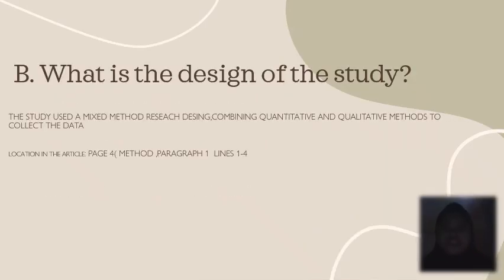So next is, what is the design of the study? The researcher used a mixed method design, which combines quantitative and qualitative methods. The quantitative data were used to measure student reading performance, while the qualitative data were collected to understand student opinions and learning experiences.